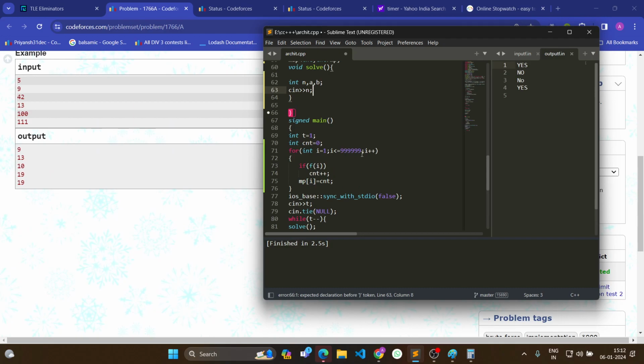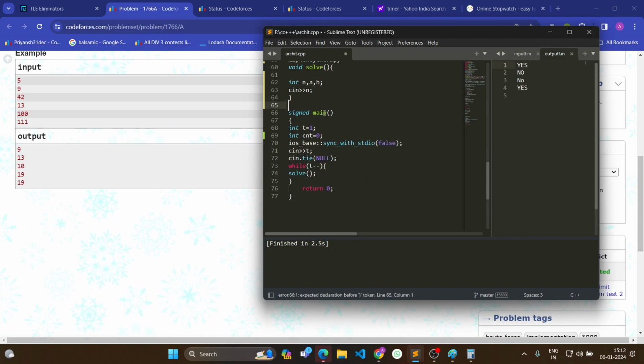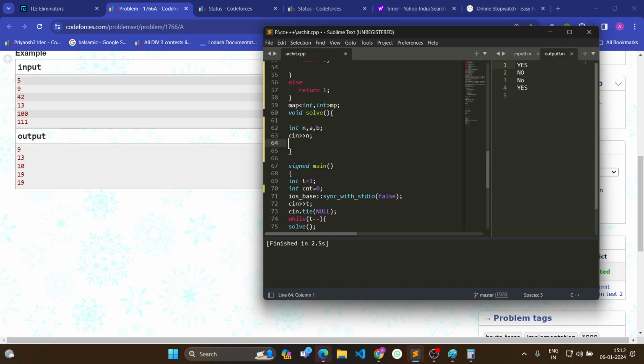Now I've been given an n, and so now we'll count the number of digits in n.